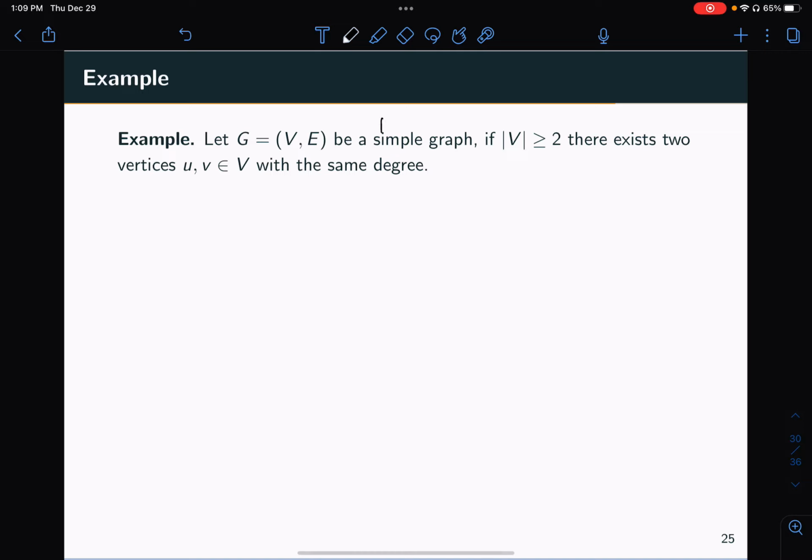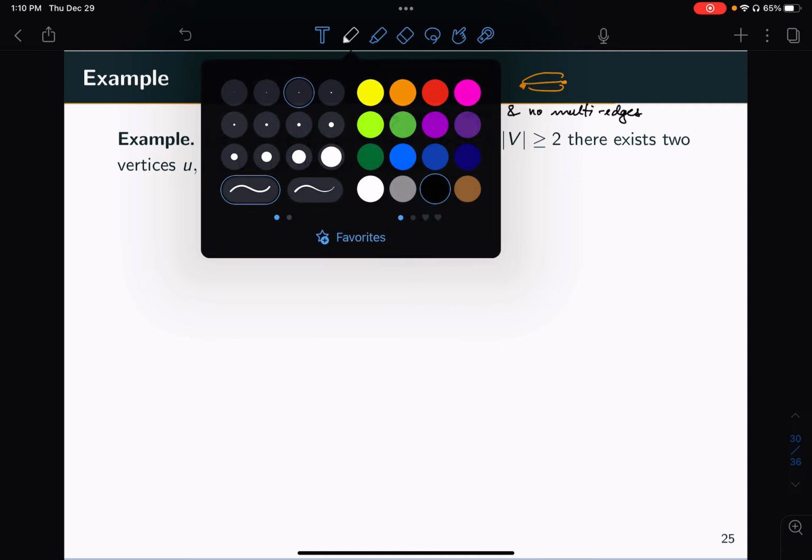Just a reminder, what we mean by simple graph is that it has no self loops and no multi edges. Basically, this means that there isn't a vertex that has a self loop, and there aren't any two vertices that have multiple edges between themselves. Okay, so that's what that means.